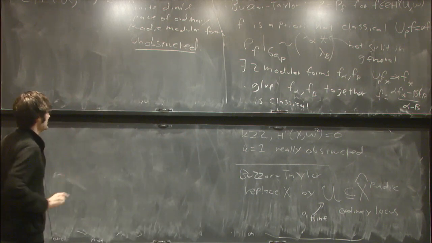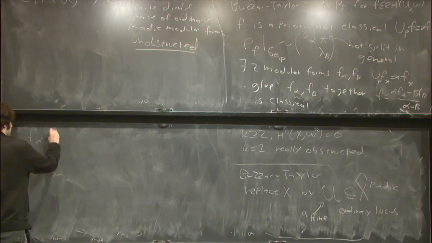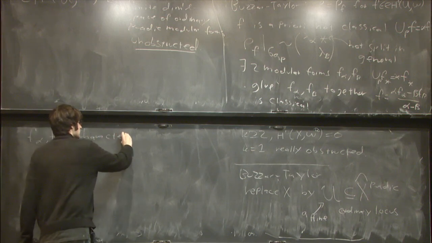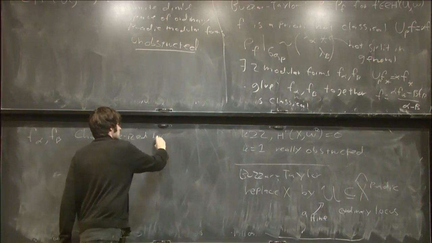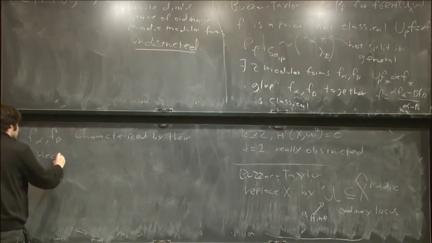Now what's this thing I want to say? Well, f alpha and f beta are characterized by their Hecke eigenvalues.